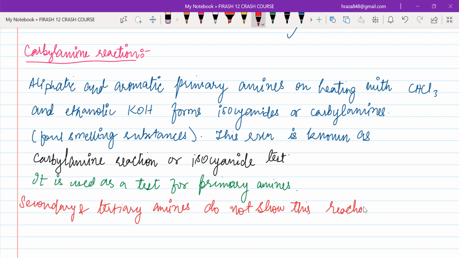So if you are going to react an amine and it is not reacting, it will be either secondary or tertiary. The reaction is very easy. If you have a primary amine, that is RNH2, and you react this with chloroform and ethanolic, that means alcoholic, potassium hydroxide base, and heat it, then you will get RNC, that is isocyanide, plus the salt, plus water.